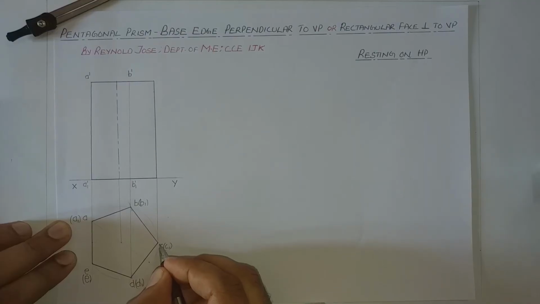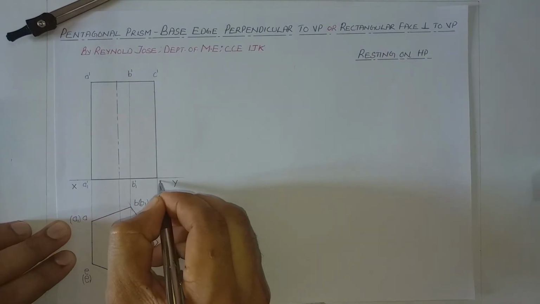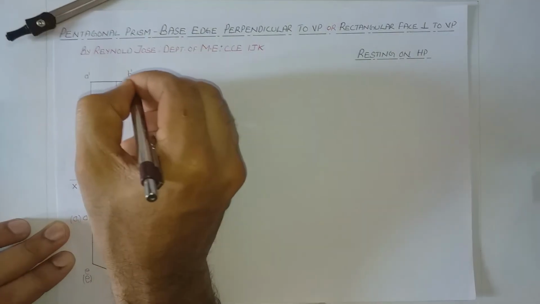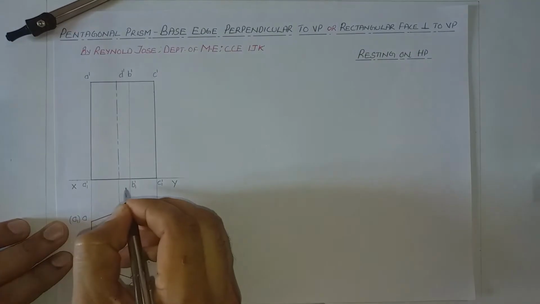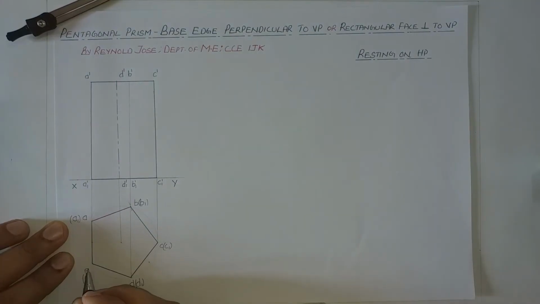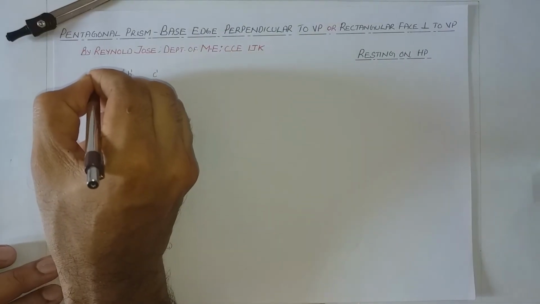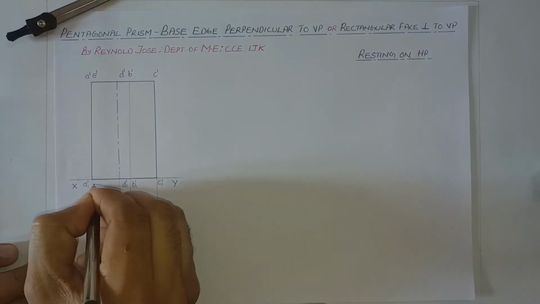Here it is C on the top face, C dash, and here it will be C1 dash. Then again it is point D and D1. D will be here, it is D dash, and here it will be D1 dash. And again here it is E and E1. Sorry, this is E dash and this is E1 dash.